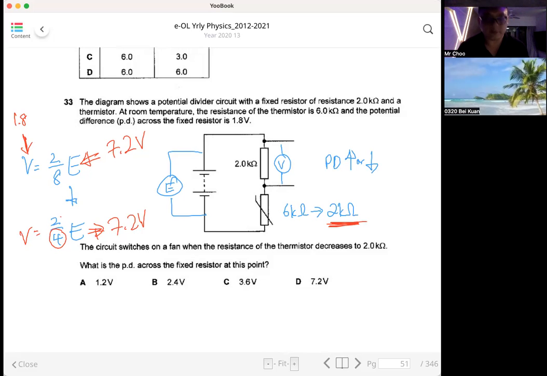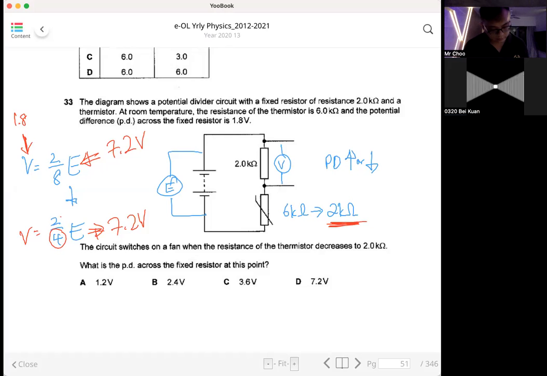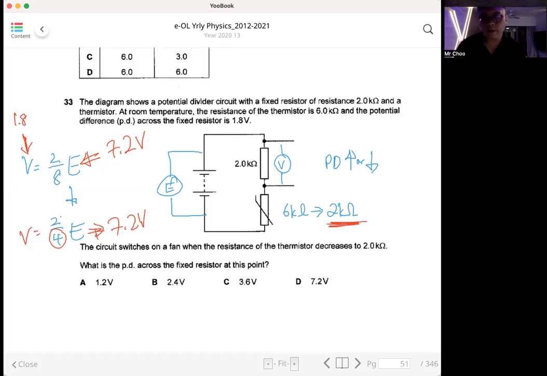Ryan, what's your answer? Ryan, try again. I will give you the answer. E is 7.2. E, this one.